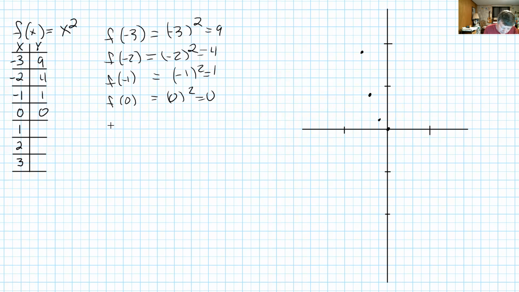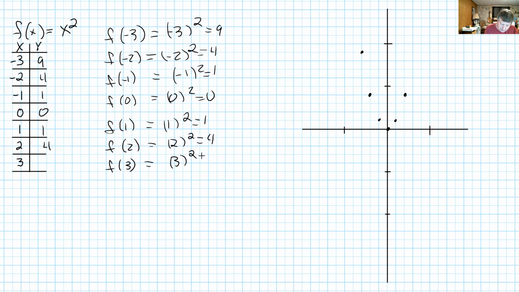If x is 1, f of 1 equals 1 squared, which is 1. If x is 2, f of 2 equals 2 squared, which is 4. And if x is 3, f of 3 equals 3 squared, which is 9.